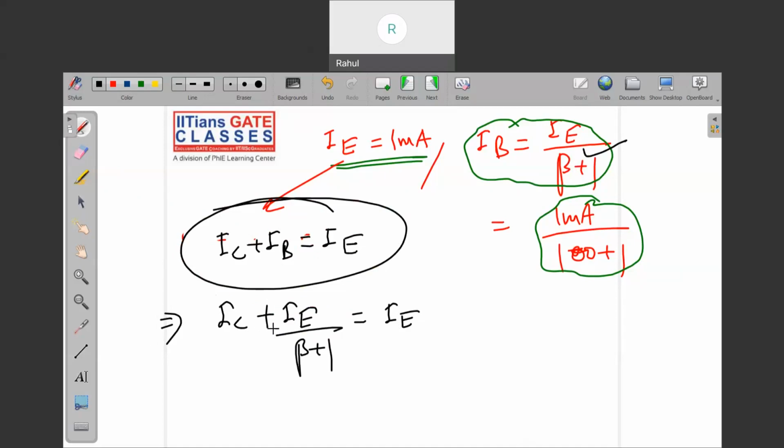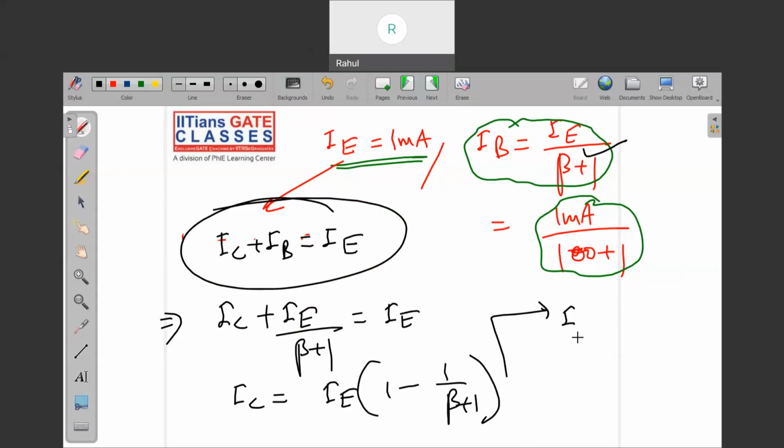Now what you can do is take this term to that side. So this is IC, because you want IC from IE. IE is common, so 1 minus 1 by beta plus 1. If you compute this, IC upon IE equals beta plus 1 minus 1, that is beta by beta plus 1, right?